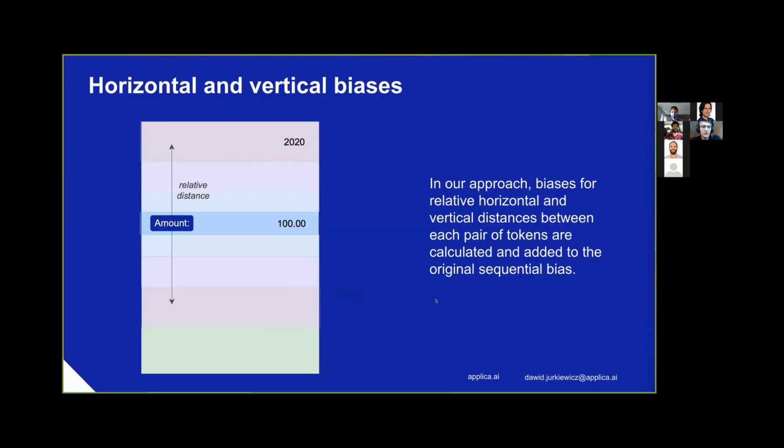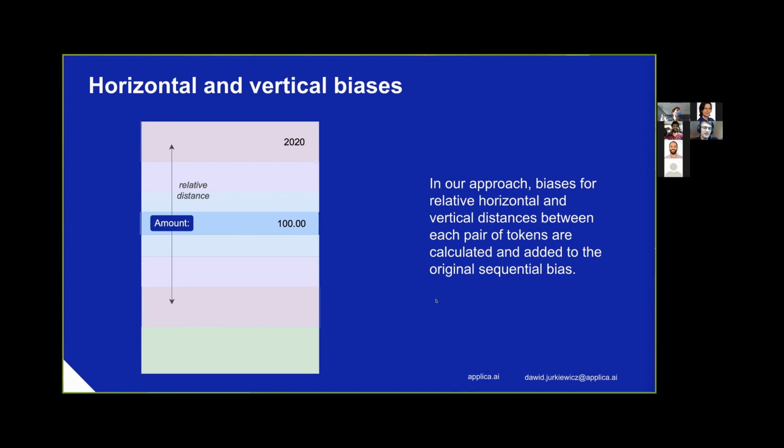For every pair of tokens, we calculate its horizontal or vertical distance, which falls into one of 32 buckets that group similarly distanced token pairs. The size of the buckets grows logarithmically, so that when the distance is greater, token pairs are grouped into larger buckets.